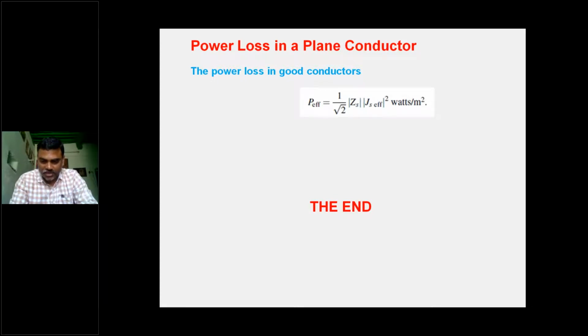So these are the topics in unit 4, EM wave characteristics part 2.